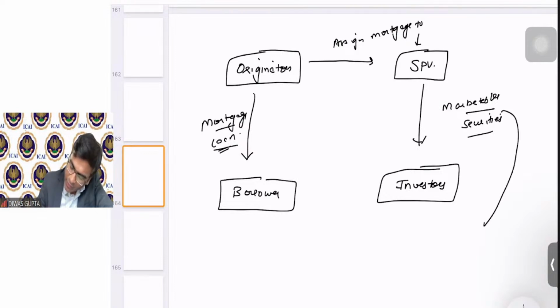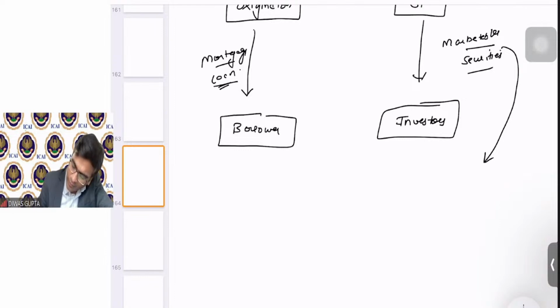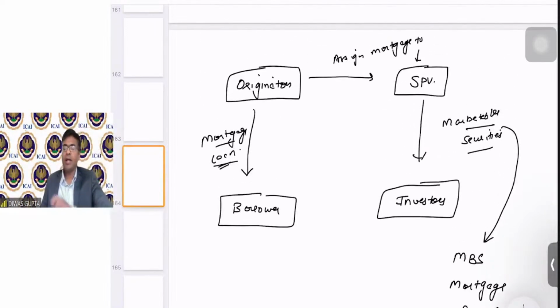These marketable securities were referred to as MBS, mortgage-backed securities. So this understanding is from securitization. There is nothing new. I have told you all these things, we have covered them over there. I've just brought it up.